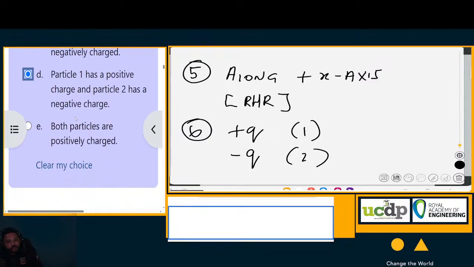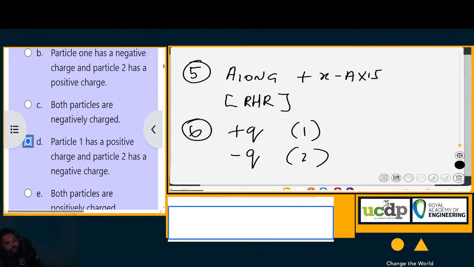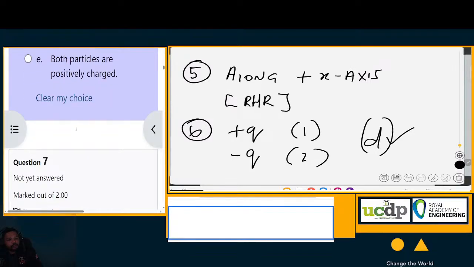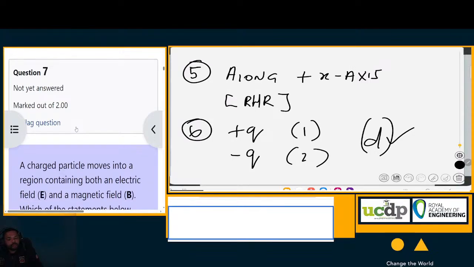I'm inclined to select that one. Particle 1 has a positive charge and particle 2 has a negative charge, and they can't be the same charge. It can only be D, the only one that is correct. Question 7.